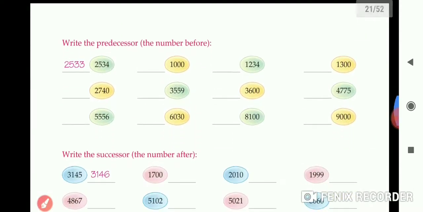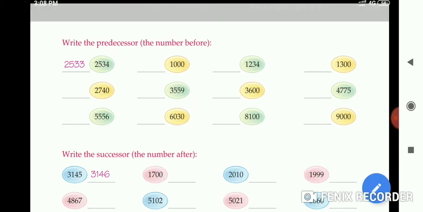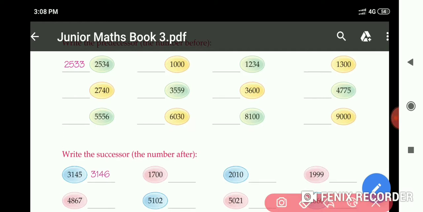Now move to the next question. Write the predecessor, the number before. Predecessor means we have to write the number exactly before the given number, or we subtract 1 from each number. It is given 2740. Which number will come exactly before 2740? 2739.